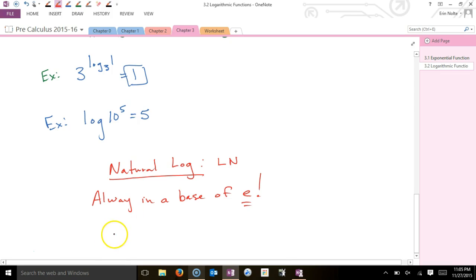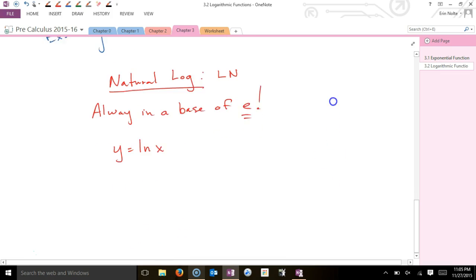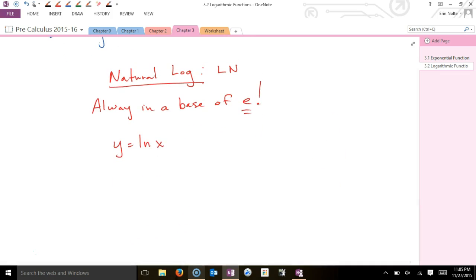Okay, so if I say y is equal to the natural log of x, which by the way is the logarithmic form, what's the exponential form? Close. Really close. e to the y is equal to x.